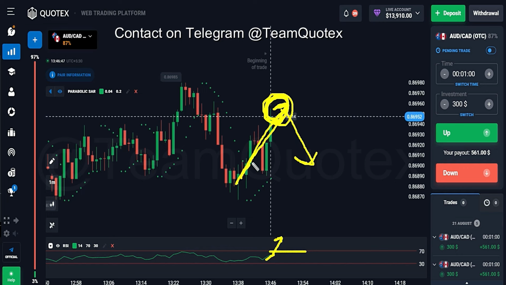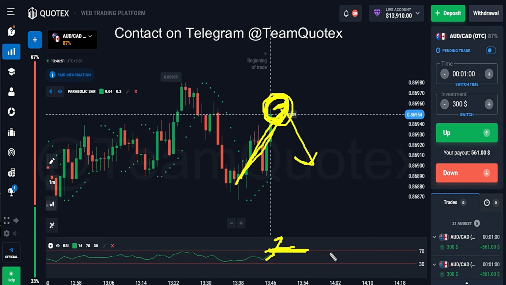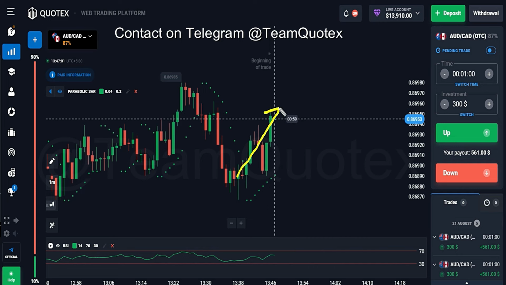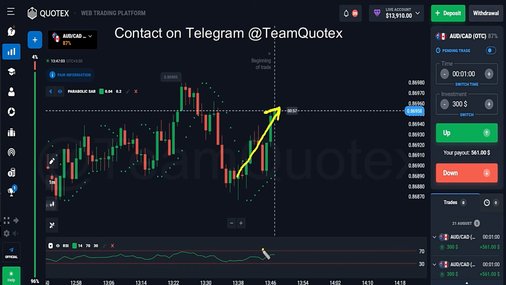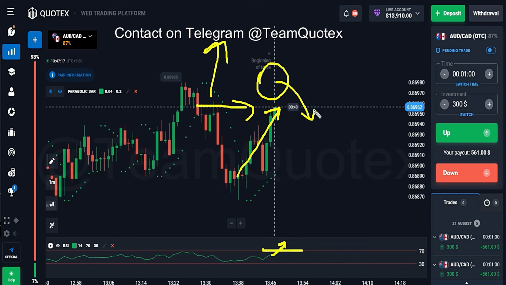So if the market is in overbought and RSI is above 70, and parabolic is supporting, no matter what, if the candles are going in up direction and this RSI crosses 70, then at such points we will not try to place our trades in up direction, because the market can get reversals at any point of movement.